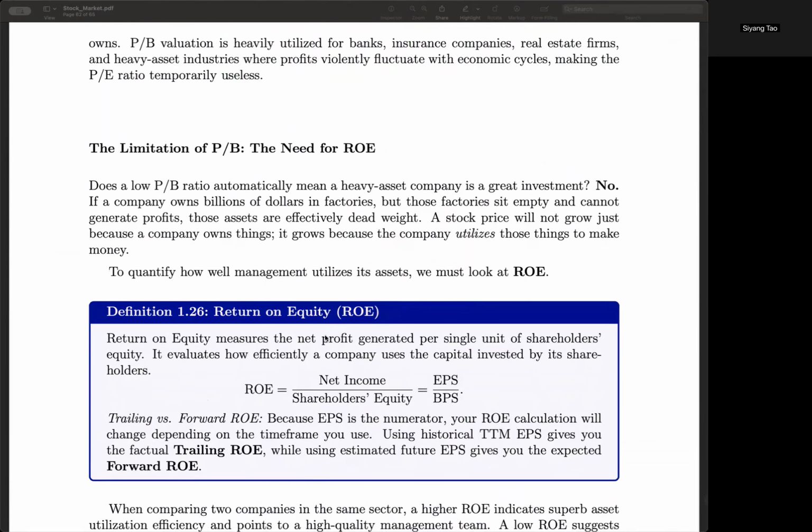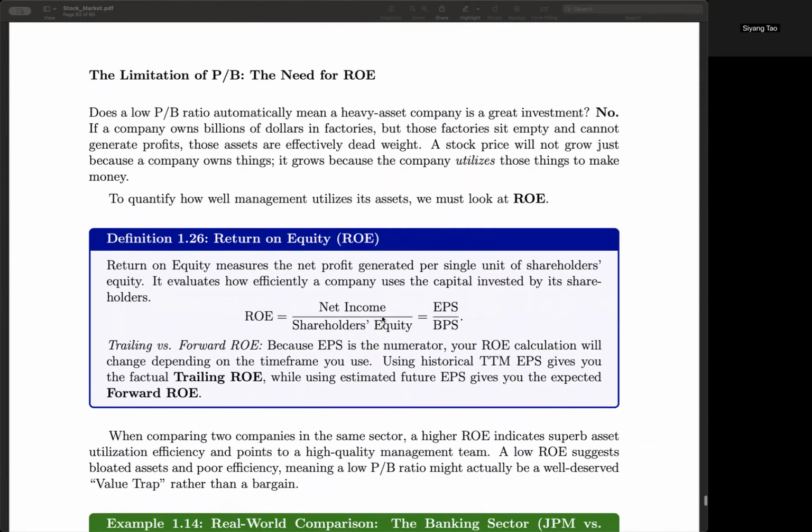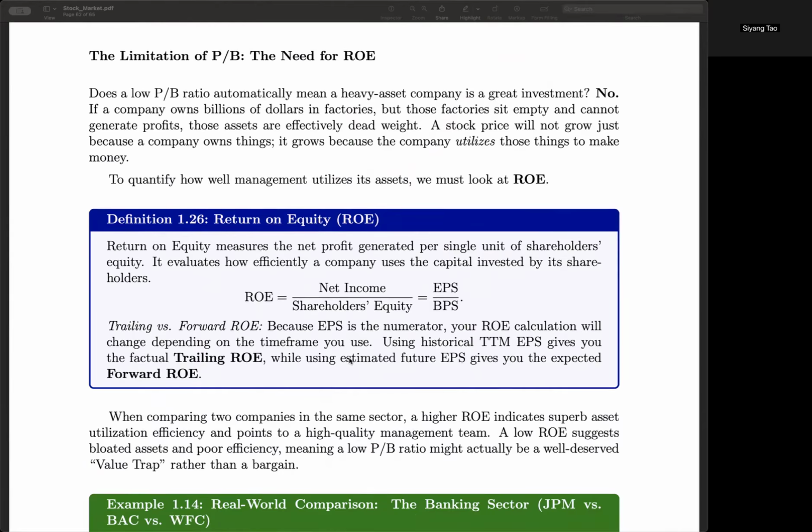As shown in your notes, ROE is net income divided by shareholders' equity, or simply EPS divided by book value per share. And just like we discussed earlier, your ROE changes depending on the time frame of the EPS you use. Using a historical EPS gives you a trailing ROE, while using an estimated EPS gives you a forward ROE.